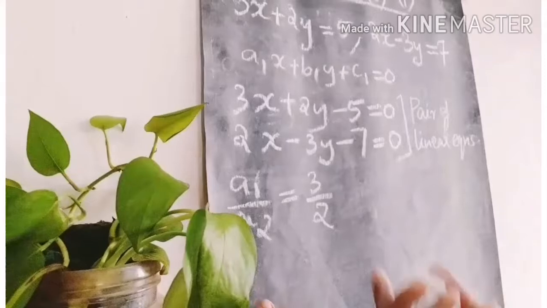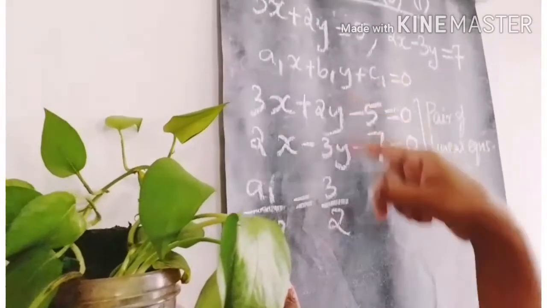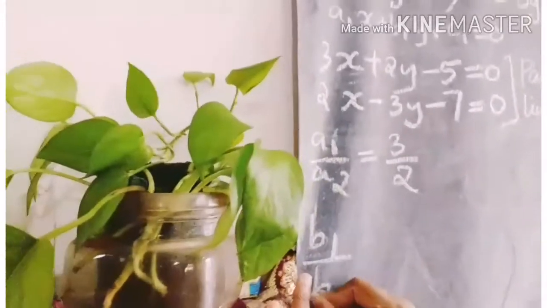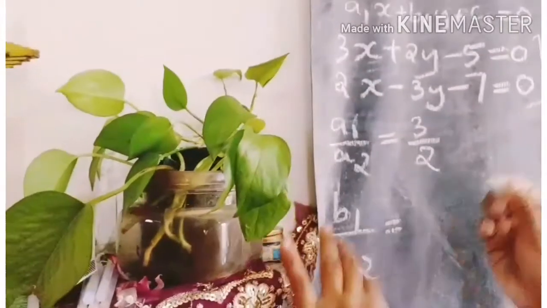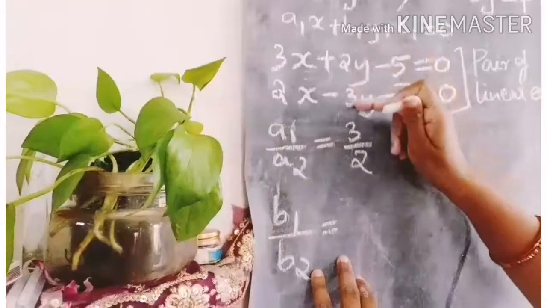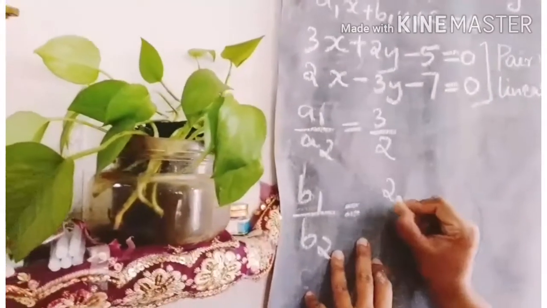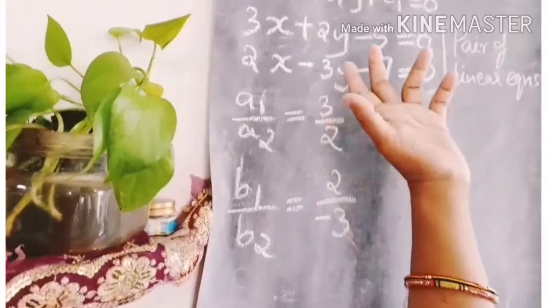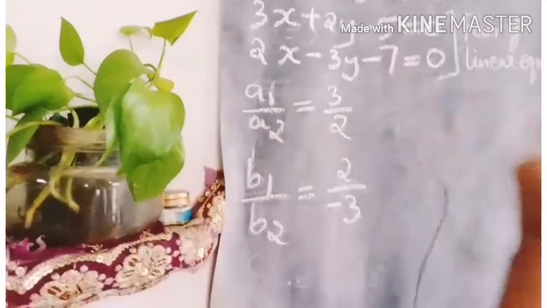B1 by B2 is 2 by minus 3. And C1 by C2 is minus 5 by minus 7.